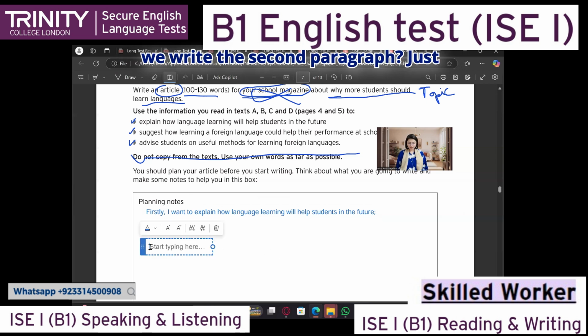How will we write the second paragraph? Just saying, because then you can find the information by yourself too.